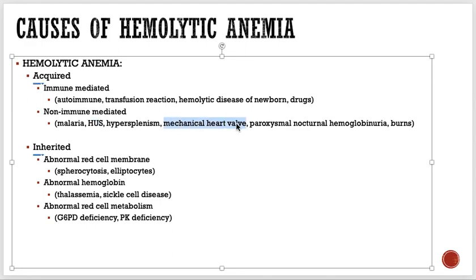Mechanical heart valve will be more like history. Burns will be more like history. Drugs will mostly be history. Transfusion reaction, if you know the history, you can catch it, right? So most of the things we can diagnose on history.